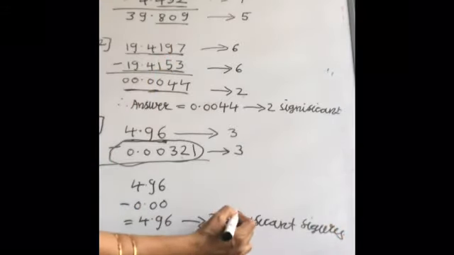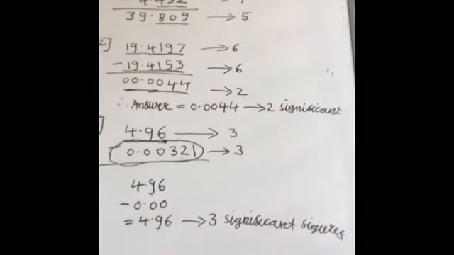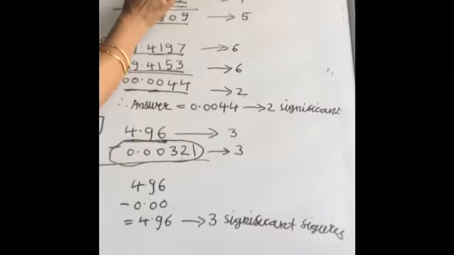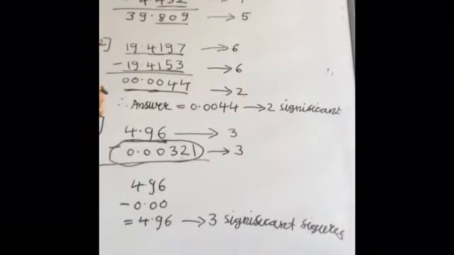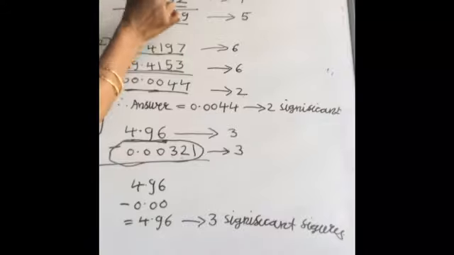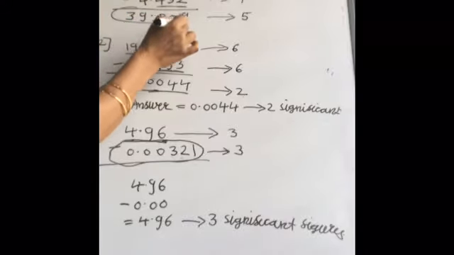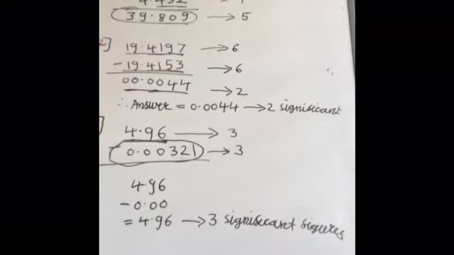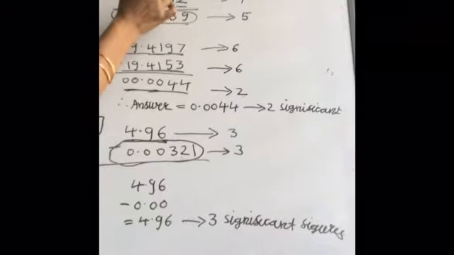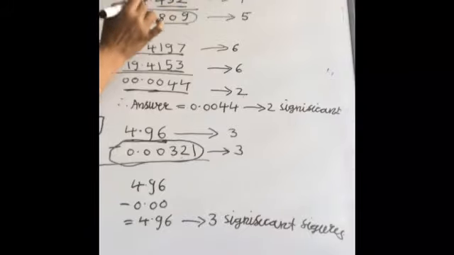When you make addition or subtraction, your first point is to find the minimum number of digits after decimal. You don't think about how many significant figures are in your example or in your answer. You first find the minimum number of digits present after decimal, and that should be in your answer.